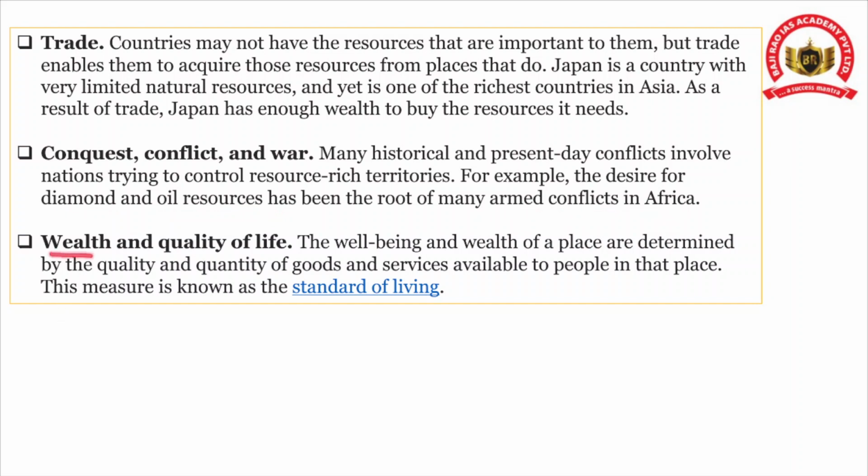Now, after that, the wealth and quality of life will also be determined by the availability of resources, the quality and the quantity of the goods that are available in a particular area. Okay, however, a trend has been observed.